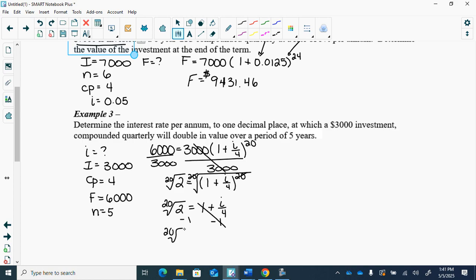So the 20th root of 2 minus 1 equals i divided by 4, and then we multiply by 4. And i equals, to 1 decimal place, 0.14105, which is 14.1%.